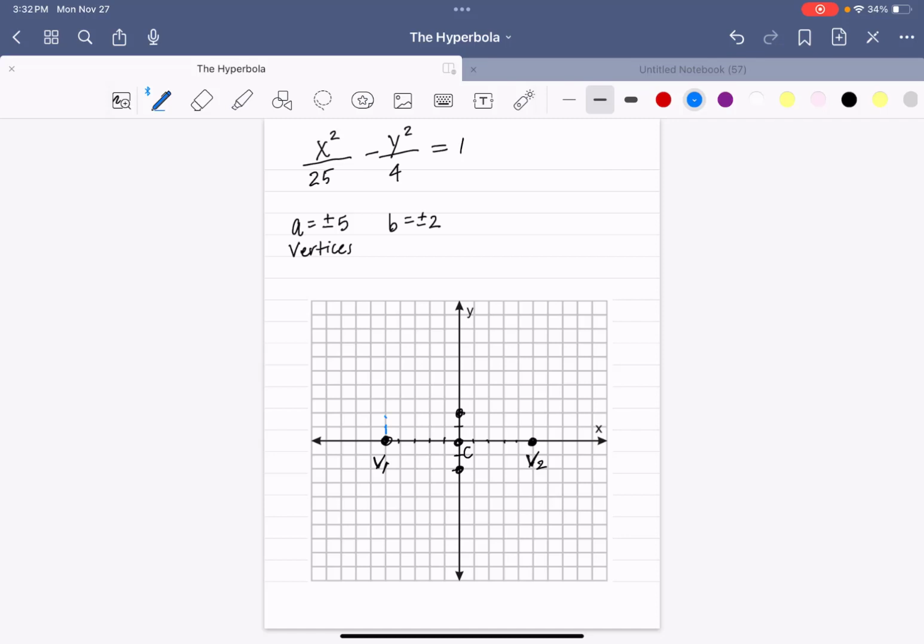And then I sketch in my rectangle. And then I sketch in my asymptotes.